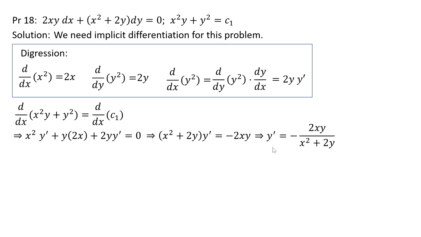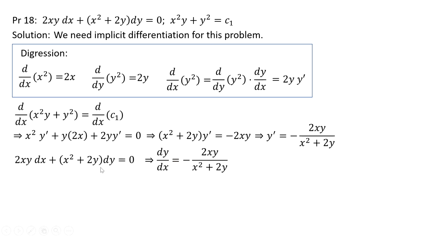Cool. All right. Now, if you look at the differential equation itself and figure out what dy/dx is, that is, divide both sides by dx and subtract 2xy and divide all of this, just manipulation. If you do that, the differential equation itself can be rewritten as dy/dx equals negative 2xy over this thing.